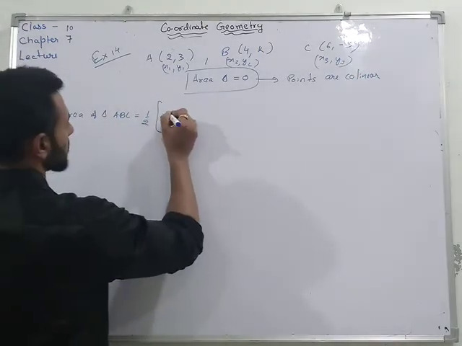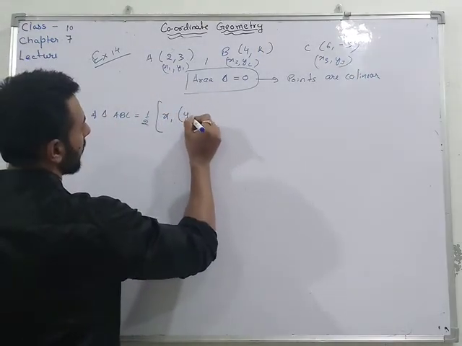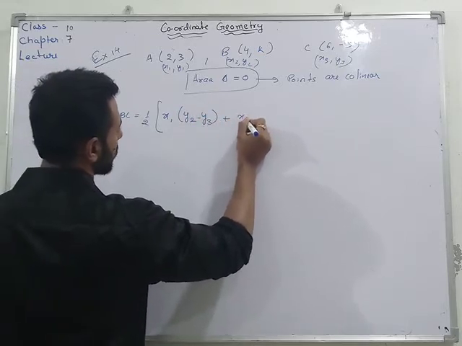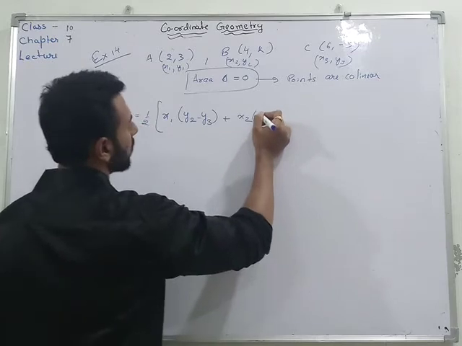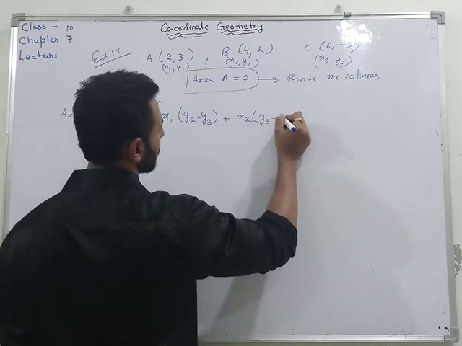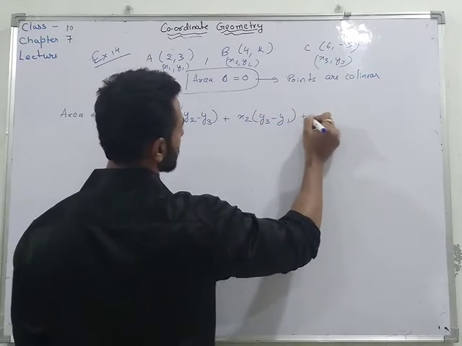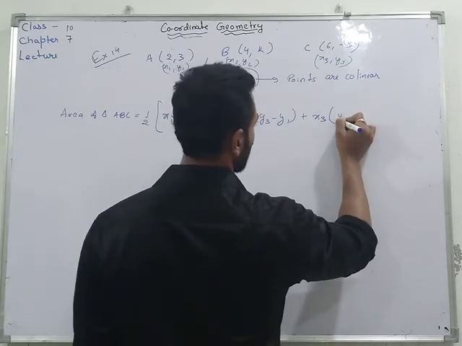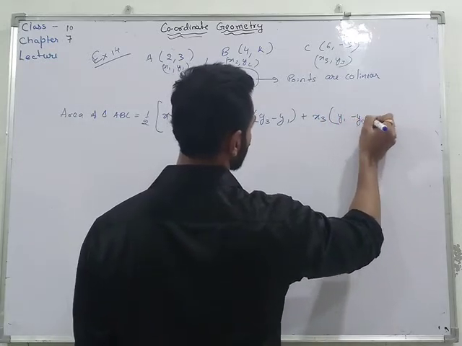Applying the formula, x1 into (y2 minus y3) plus x2 into (y3 minus y1) plus x3 into (y1 minus y2).